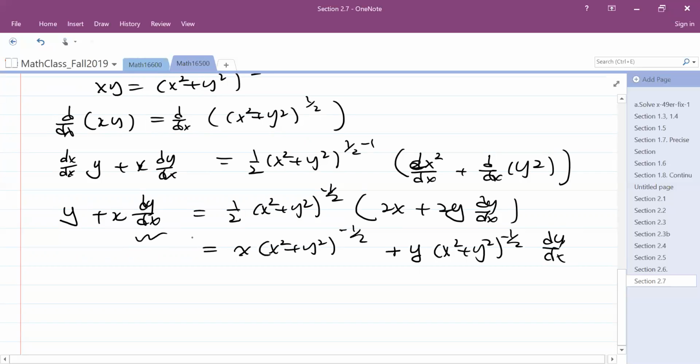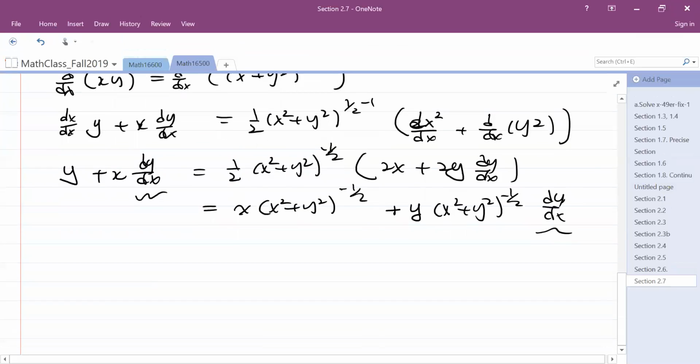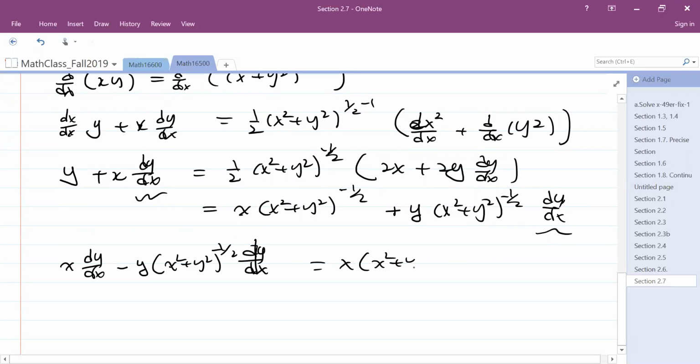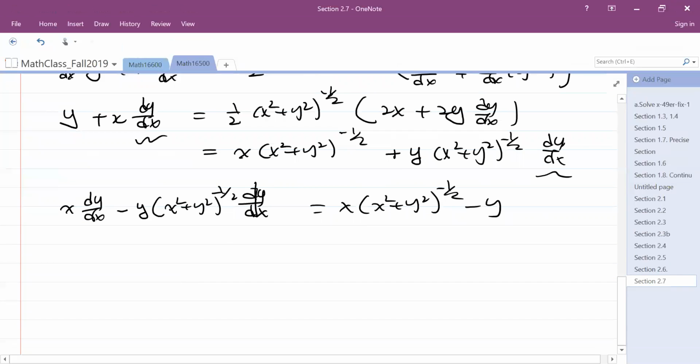So I have two terms containing the derivative. So what I'm going to do is move the derivative terms to the same side, so I have dy over dx, and I move all the other terms to the right-hand side. Then I factor the derivative out and solve for that.